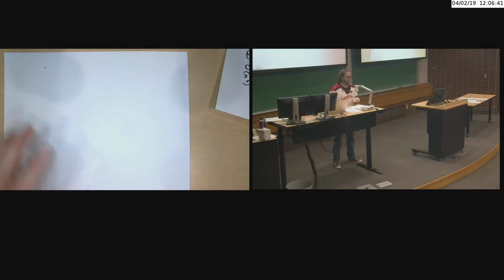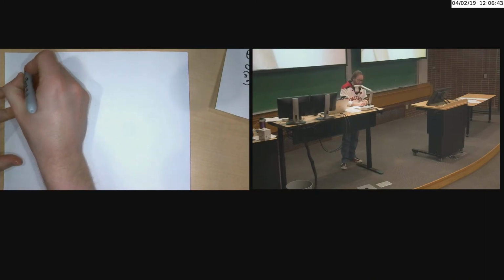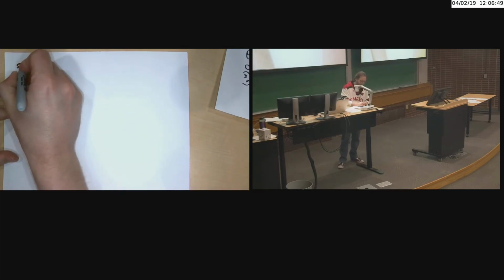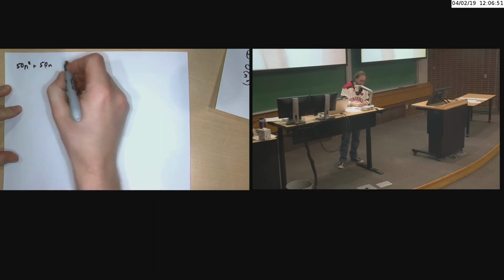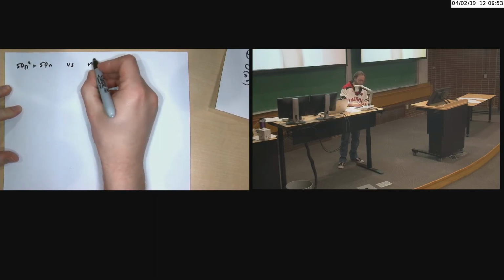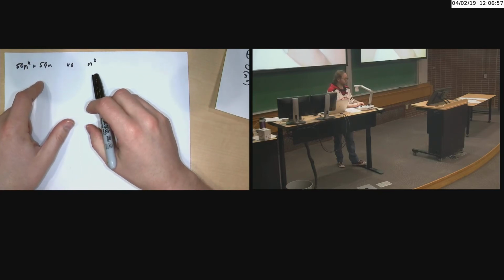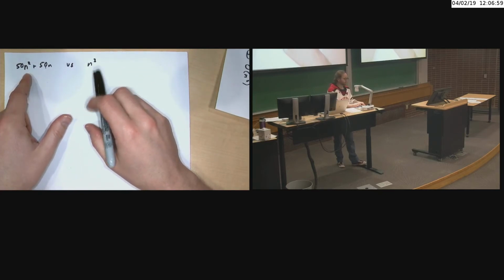Okay. The first step here is to identify our intuition. We've got 50n squared plus 50n versus n cubed. Your intuition on which one of these has a higher rate of growth: this is quadratic, this is cubic.